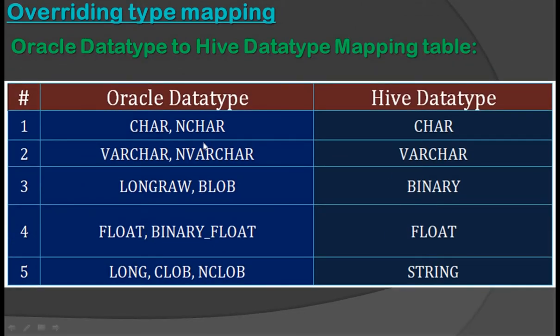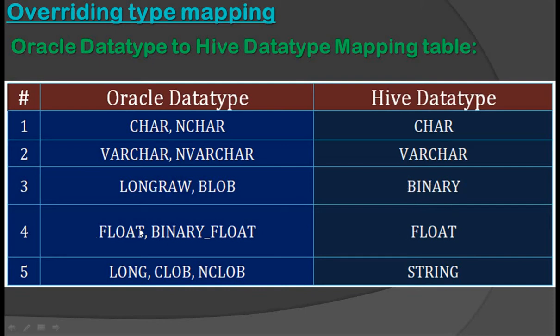As we are seeing here, the Oracle data types to Hive data type mapping table. This is the Oracle data type and this is the Hive data type. In Oracle we have char and nchar, but in Hive we only have char. In Oracle we have varchar and nvarchar, and in Hive we only have varchar. In the same way, in Oracle we have long, raw and blob data types, and in Hive we have only binary.